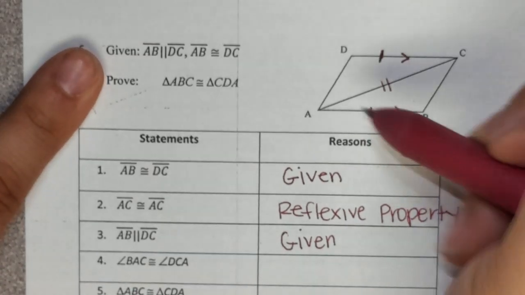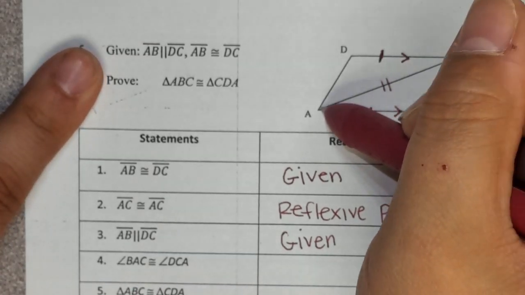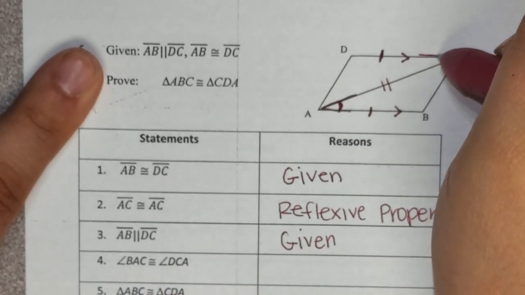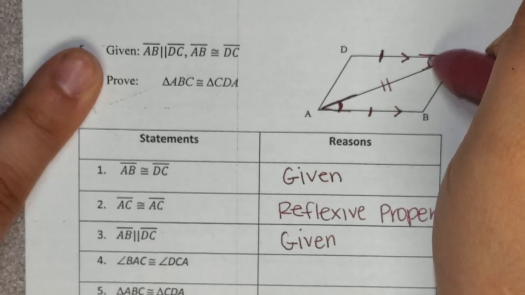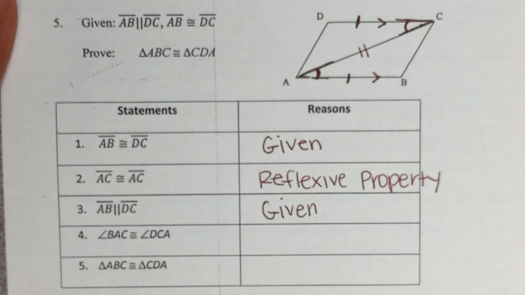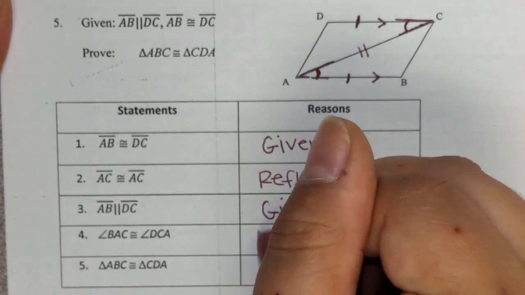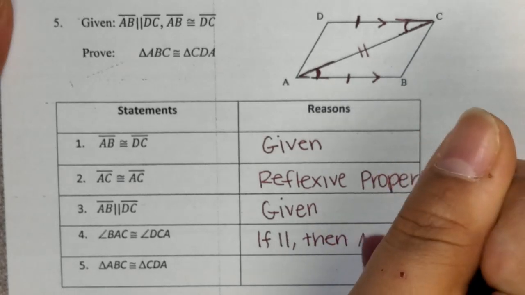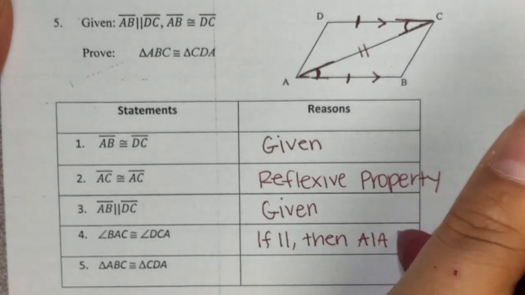BAC, B to A to C, that's this right here. And DCA, start at D, go to C, go to A. What do we know about those angles? They are alternate interior angles. So if parallel, then AIA are congruent.